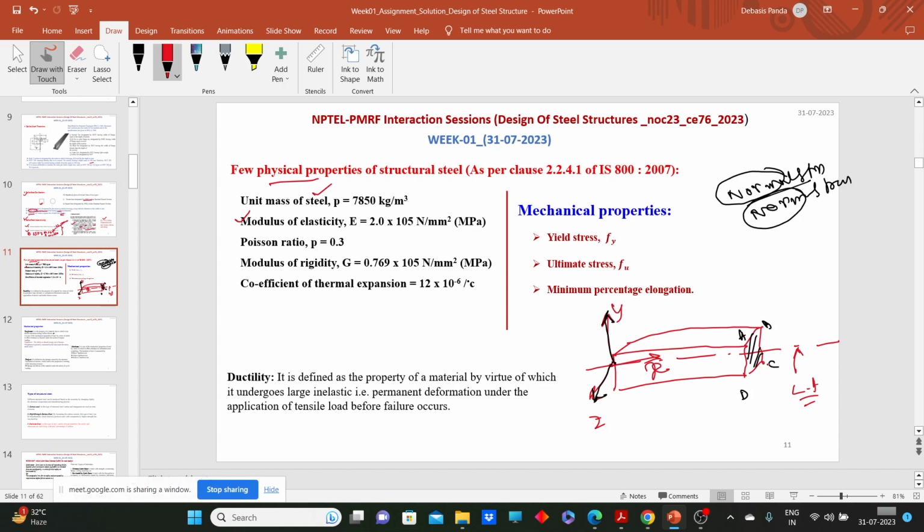The stresses and the forces which are acting perpendicular to the cross section, or which are acting parallel to the longitudinal axis, are known as the normal forces or normal stresses. If we know the forces, we can calculate the stresses. We know the cross-section area.